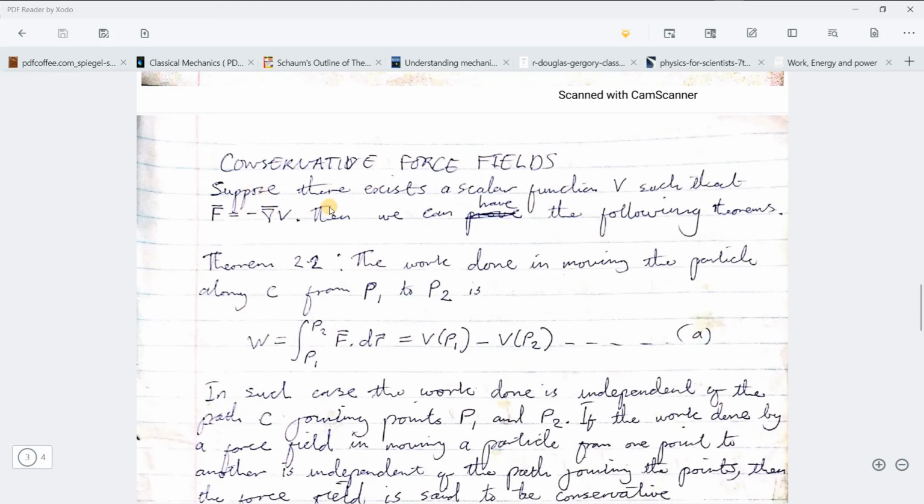I said suppose there exists a scalar function V. So this V is a potential. Suppose there exists a scalar function V such that F equals minus grad V. If this potential exists such that this condition is obeyed, then the force field is conservative.